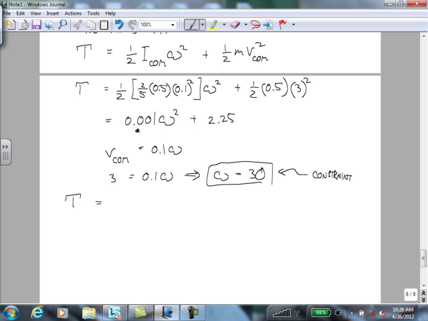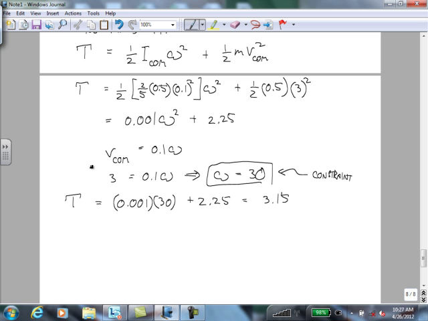So that's our constraint equation. And so then our kinetic energy is 0.001 times 30 squared plus 2.25, and I think you get a value of 3.15.